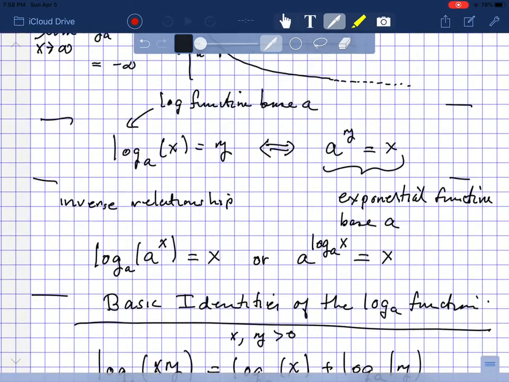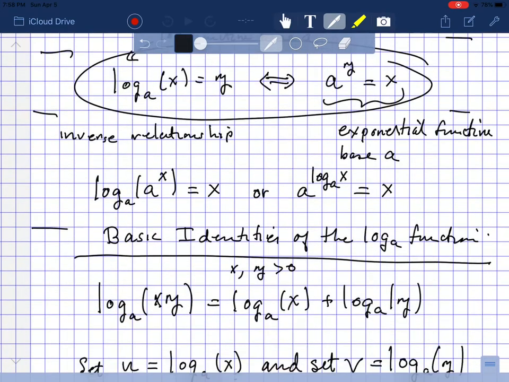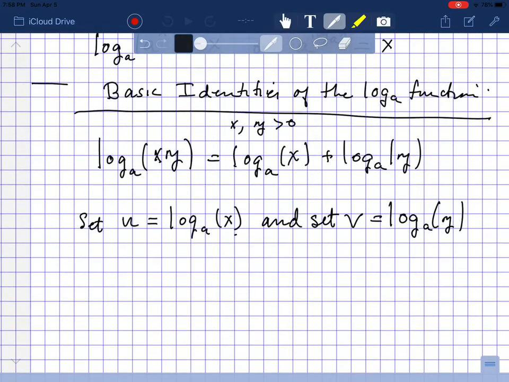Now, we know from this identity up here that if I have the log base a of x equal to u, which I have here, this is equivalent to writing that x is equal to a to the u power.